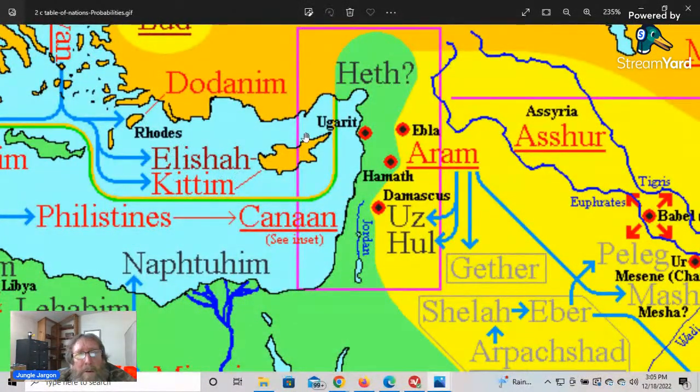So, Elishah, Kittim. So in other words, this T, I used to think that the T became part of the Phoenicians, and that's why Israel had the T in their population, but it turns out that the only Jewish population that even has a T is the Portuguese population anyway.